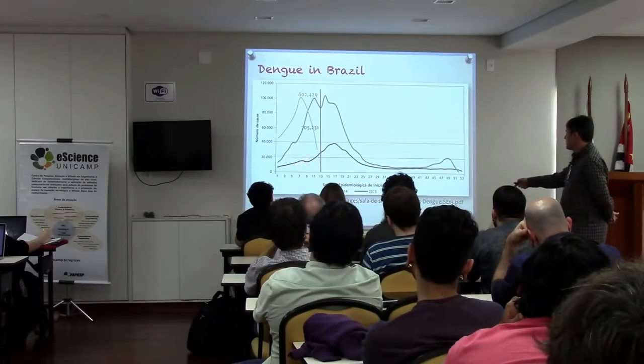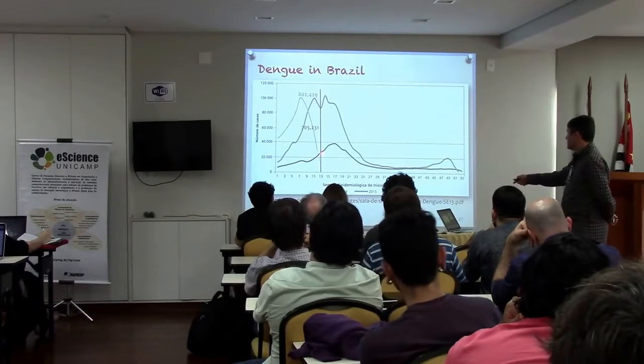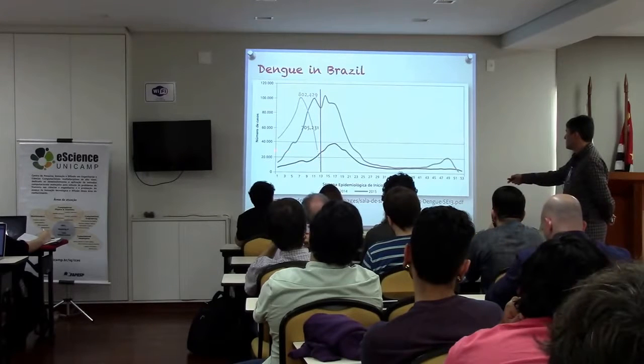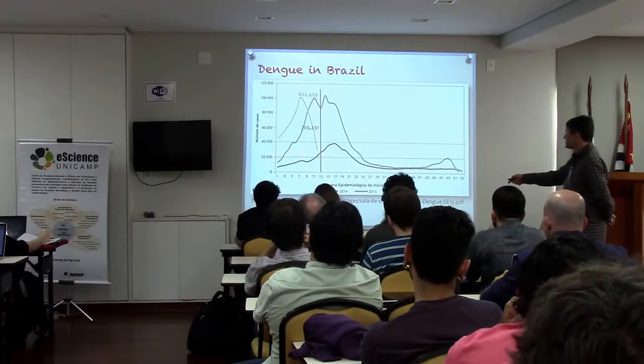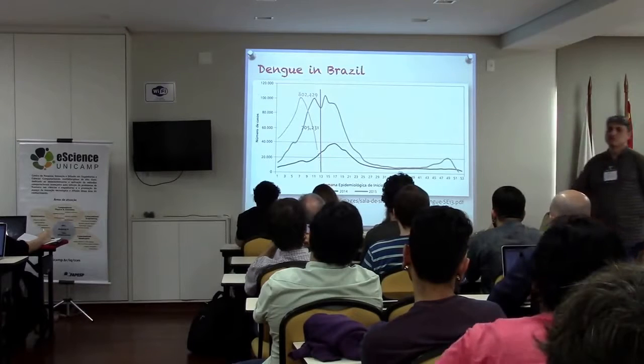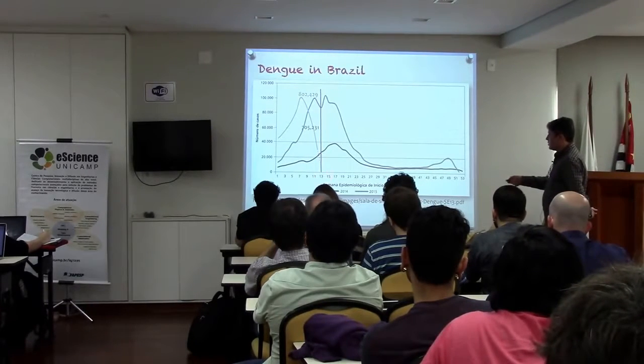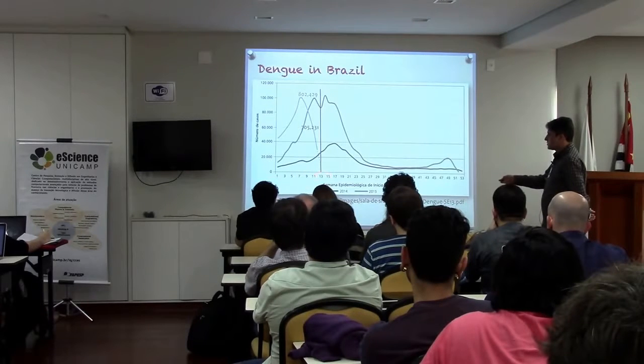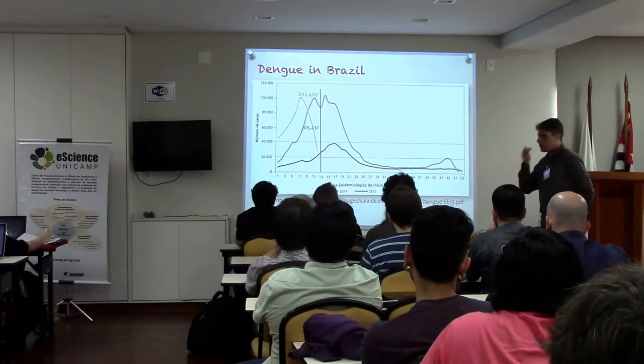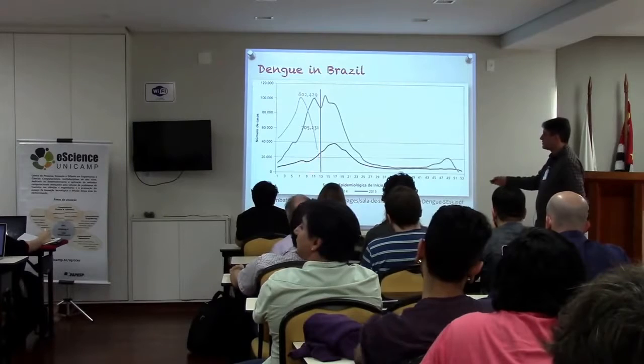So it went from, I didn't get the number here, but less than 30,000 reported cases of dengue in 2014 by the 13th week. I'm just showing up to the 13th week of the year.